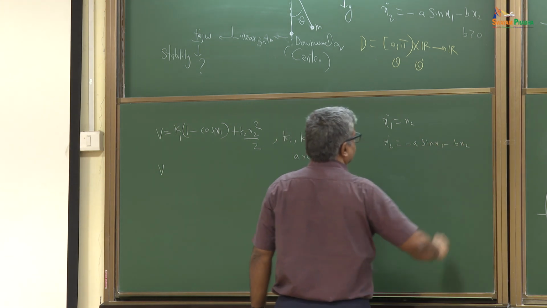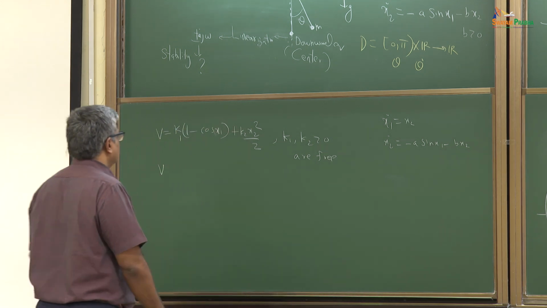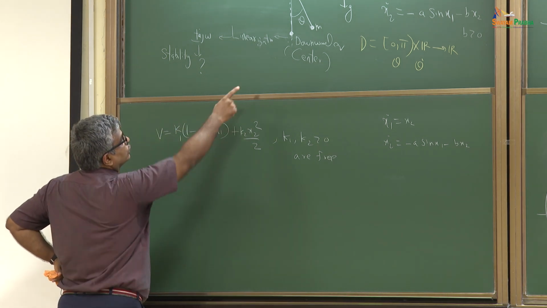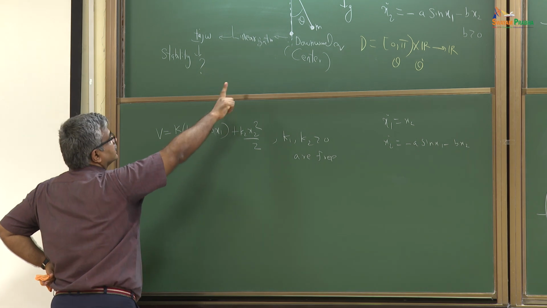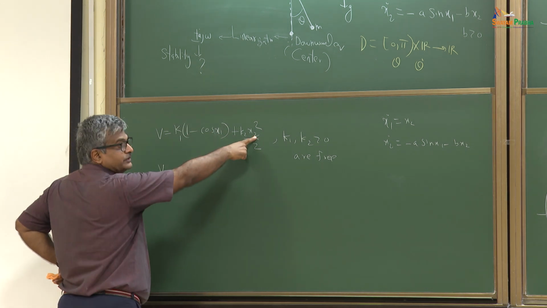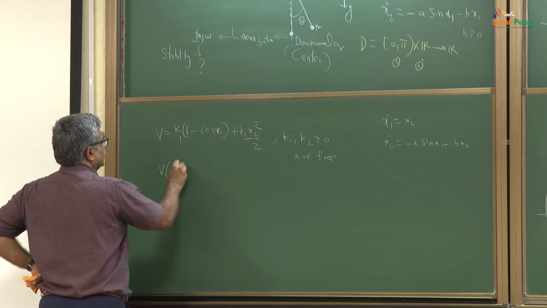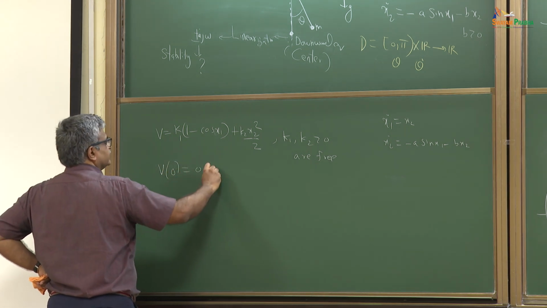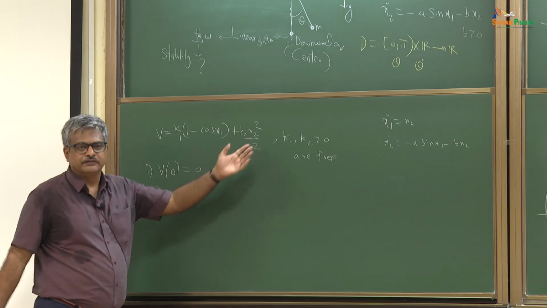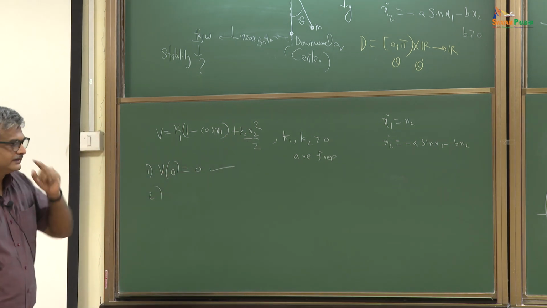Okay, let us do with this. So V at x1 equal to 0 and x2 equal to 0 corresponds to the downward position. So at x1 equal to 0, this will be 0, this will be 0, right? So we have V of 0 is 0, right? So this property holds. V is continuously differentiable, right? That is also fine.